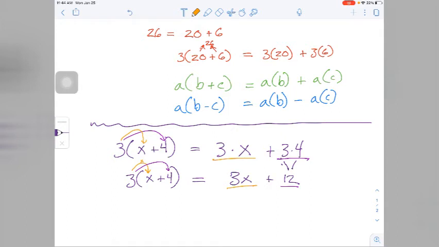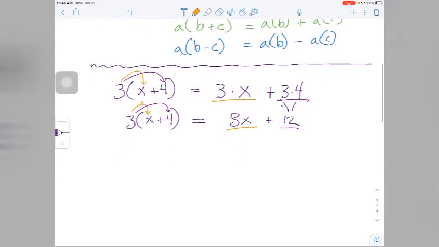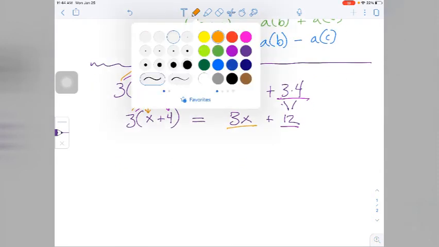So what you do is you take the number outside of the parentheses, and you multiply it by all numbers inside of the parentheses.